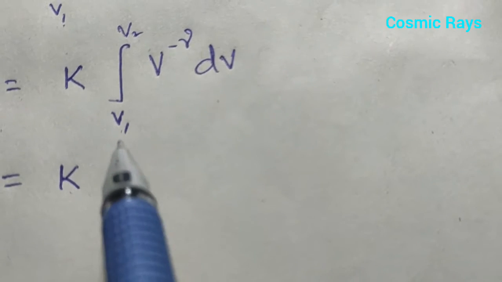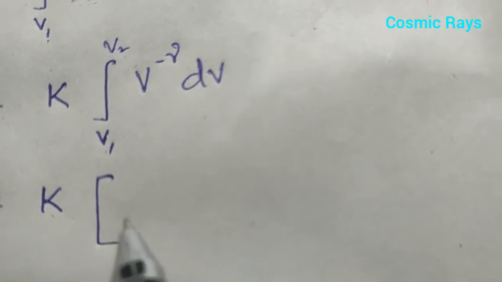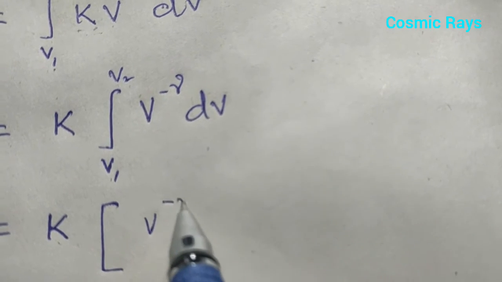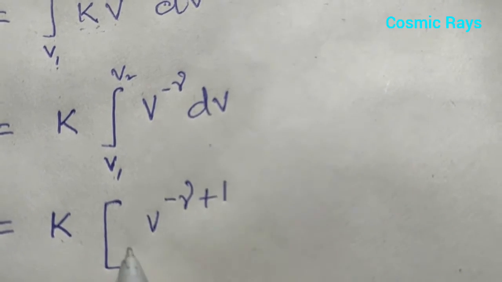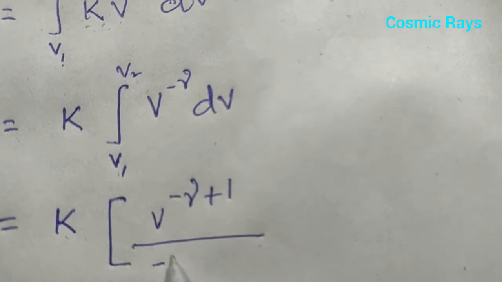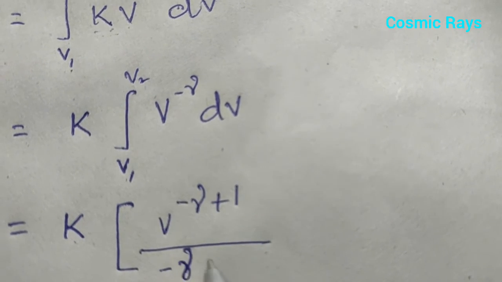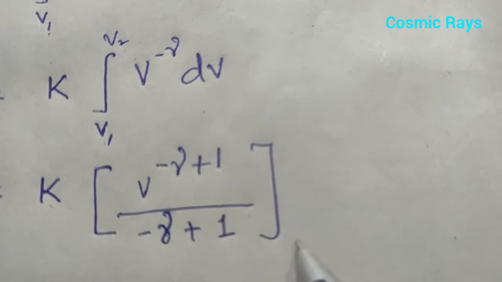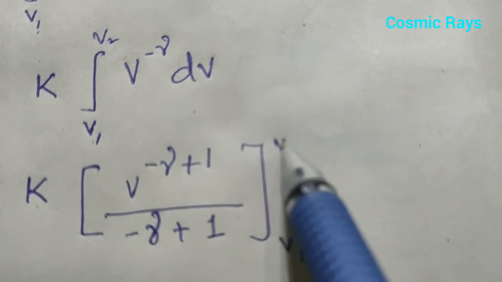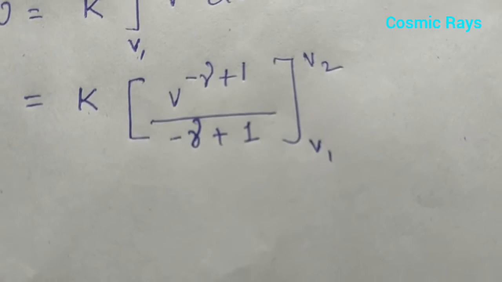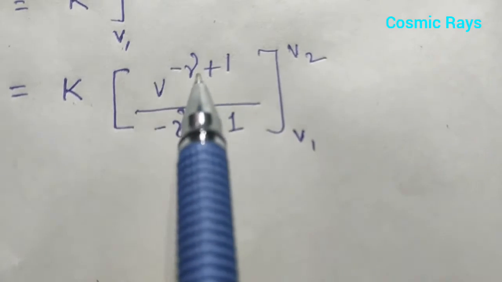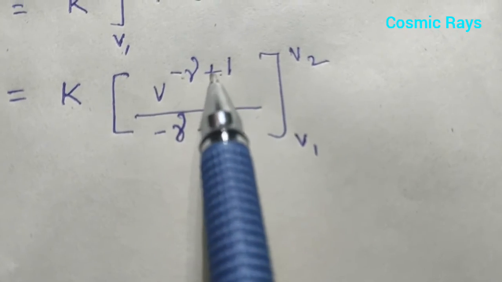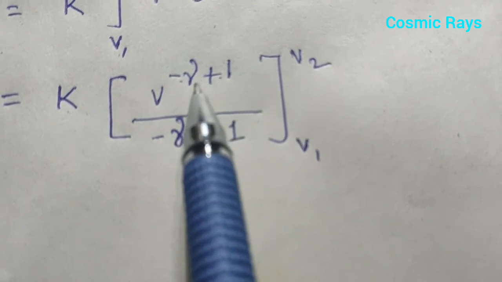So here we will get V to the power n plus 1 by n plus 1 from the limits V1 to V2. Now this we can write as 1 minus gamma, because 1 is with plus and gamma is with minus.